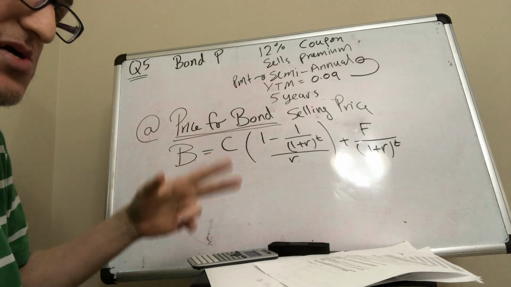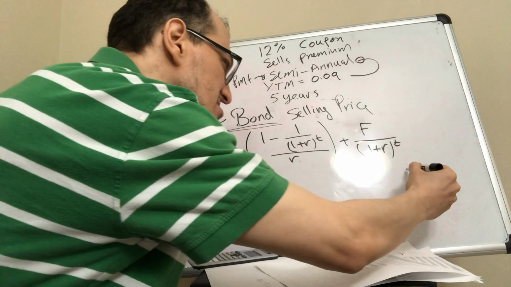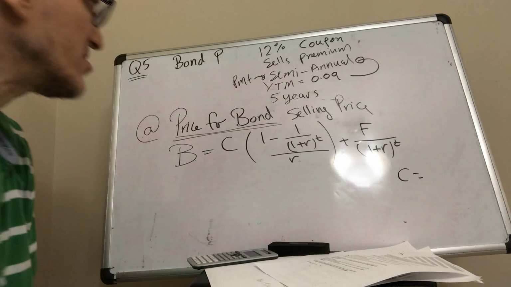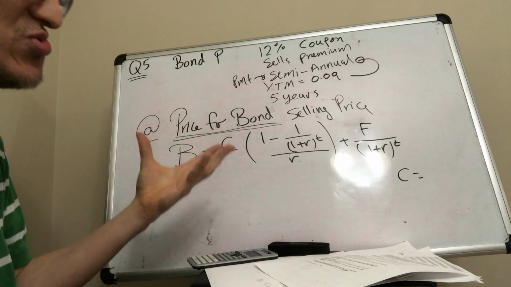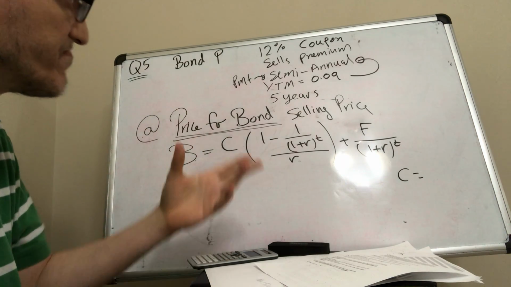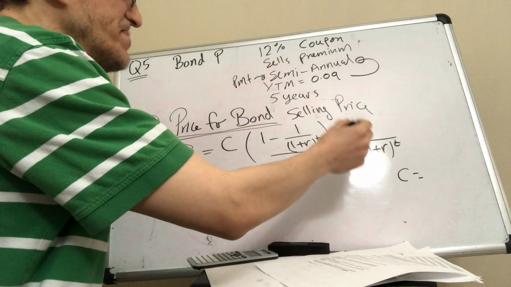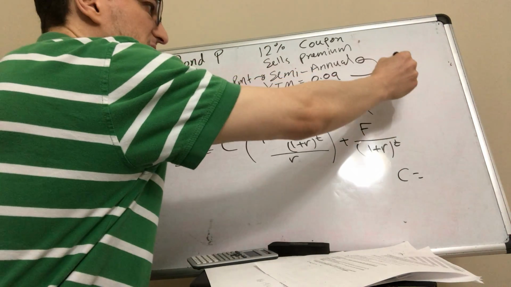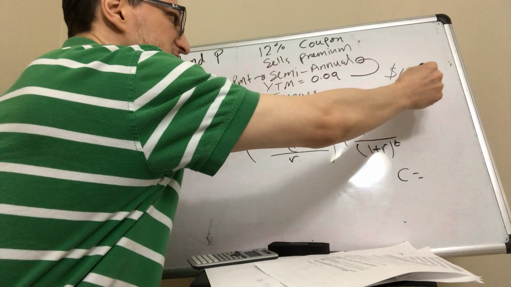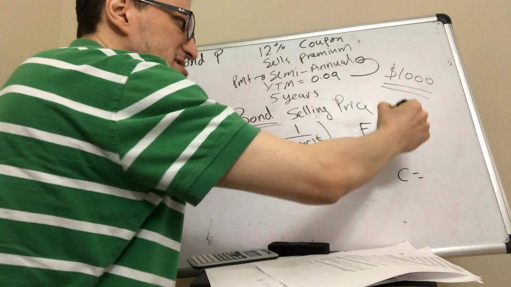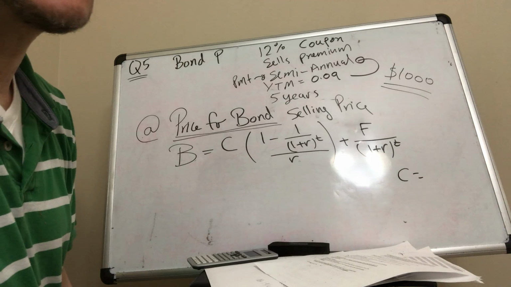Now we need to get everything here. C would be the coupon payment. Since it's 12% and the face value of the bond is 1,000, you always assume 1,000 for face value unless they tell you something else.